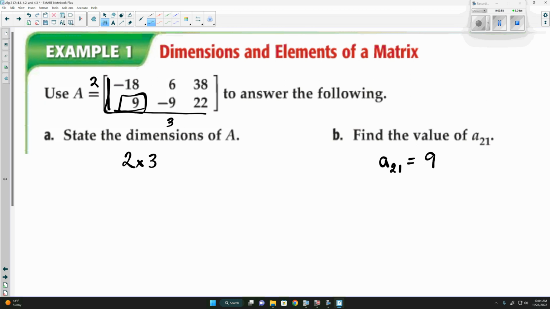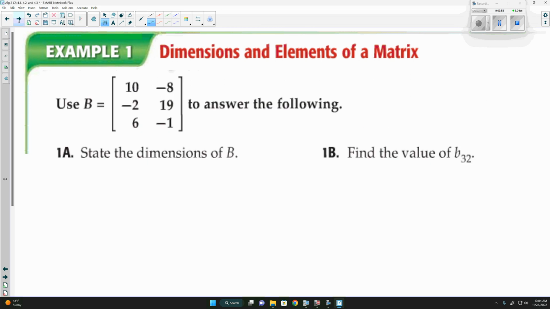We're ready for the next one. Now we want to state the dimensions of matrix B. Matrix B would be a what? 3 by 2. 3 down, 2 over, so this is a 3 by 2.